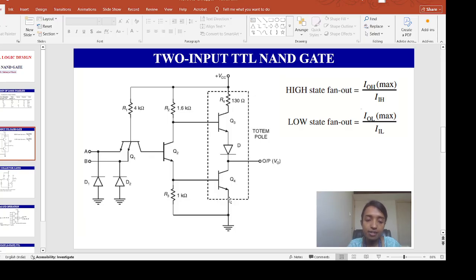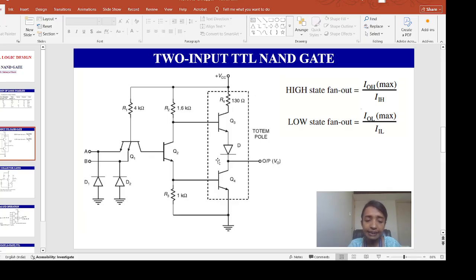Even though this circuit can work with Q3 and D removed and R4 connected directly to the collector of Q4, with Q3 in the circuit there is no current through R4 in the output low state. Okay, so the inclusion of Q3 and the diode D keeps the circuit power dissipation low.